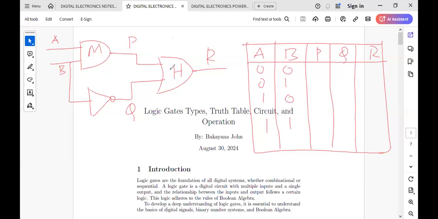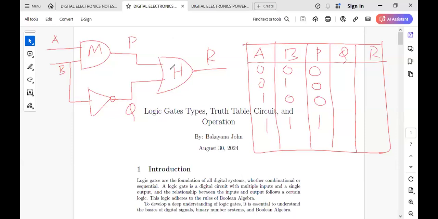But before that one, we can first work out P. What is going to be P? P is the result of the AND gate, which is 0 times 0, we get 0. Here we get 0. Here we get 0, and we get 1.